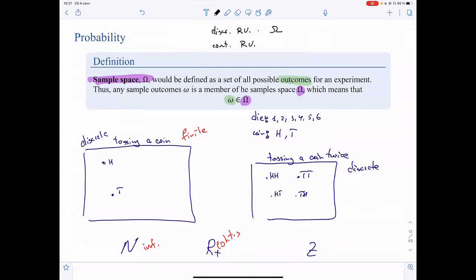A random variable is discrete if its sample space is discrete, and it is continuous if the sample space where it is located is a continuous one. And the sample space might be finite or infinite as well.